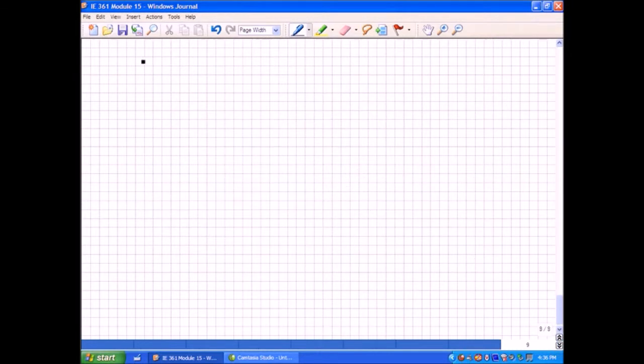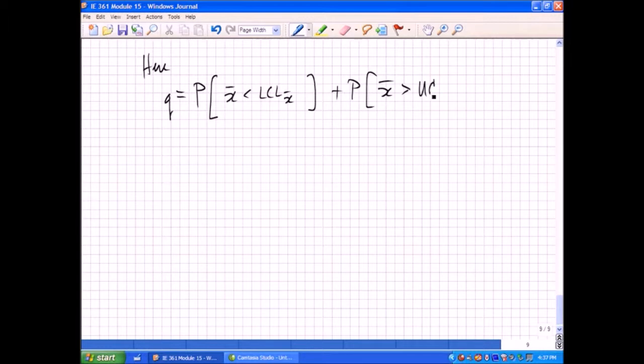And say that here Q is going to be what? Well, it's going to be the probability that X bar is less than the lower control limit plus the probability that X bar, for the first sample, is bigger than the upper control limit.